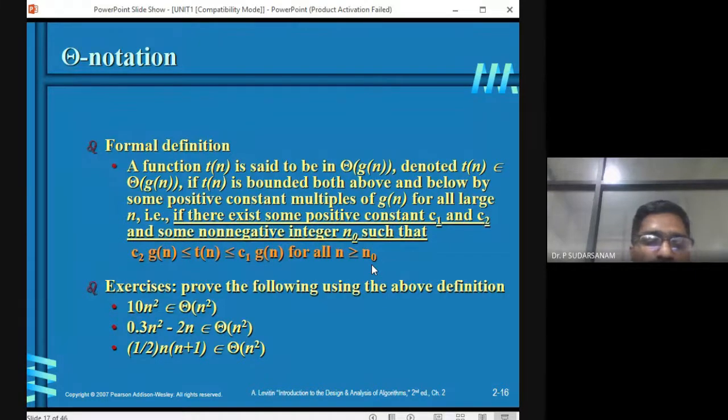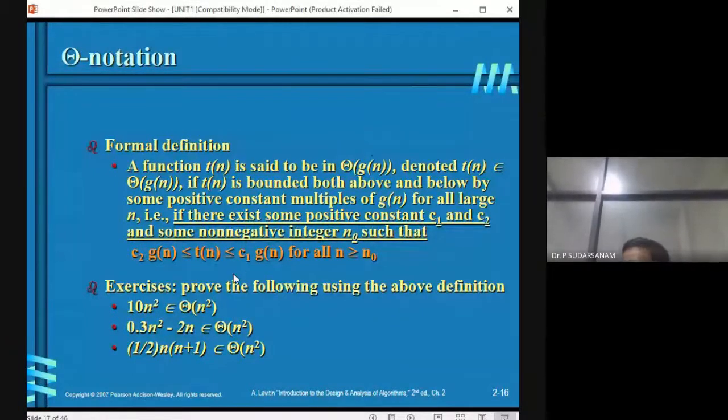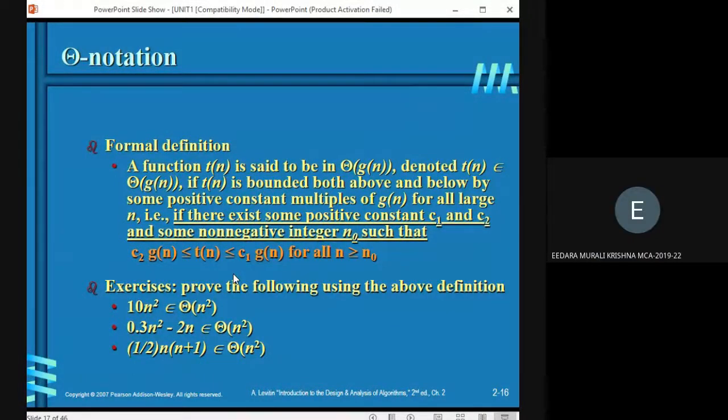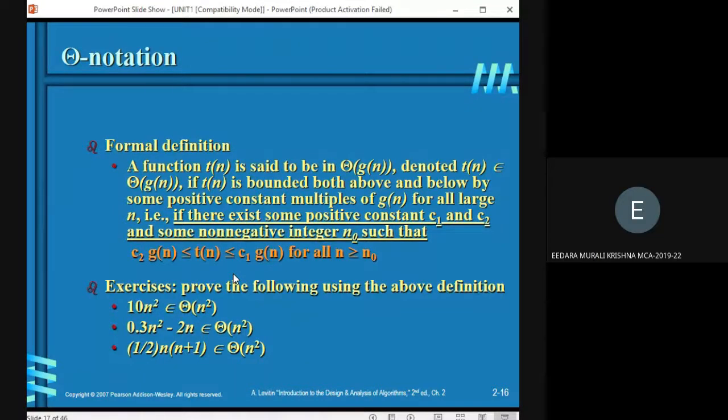So please tell me if you have any doubts about how to write the definitions for big O, omega, theta. Any doubts? Murali Krishna? Sir, no doubts.